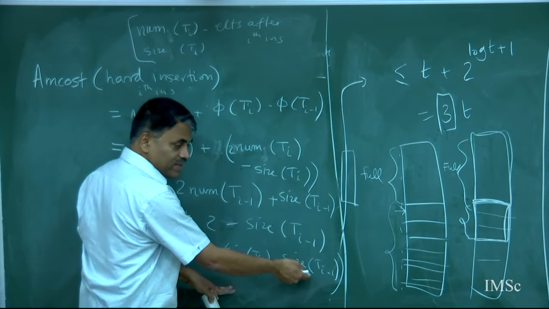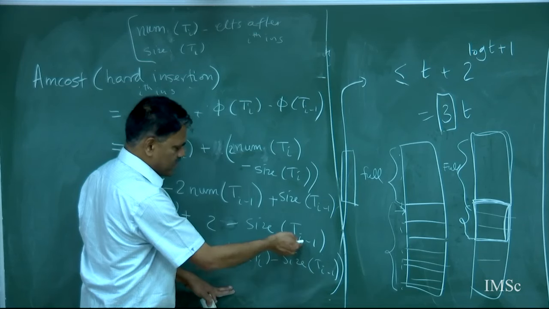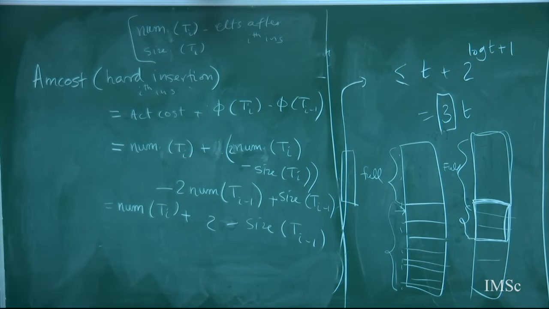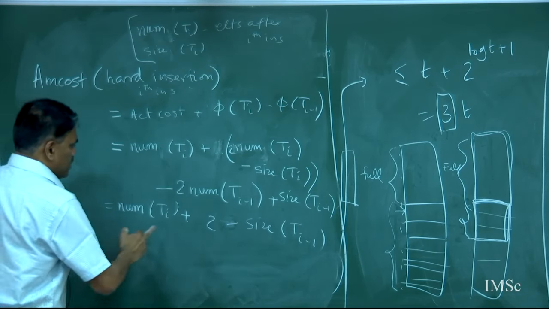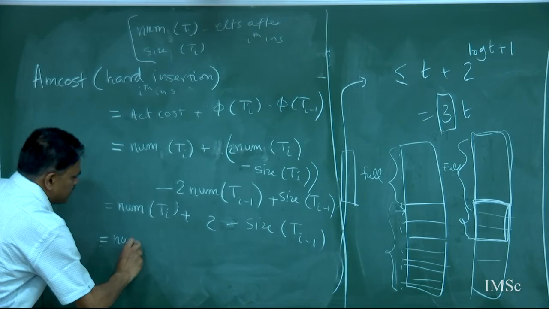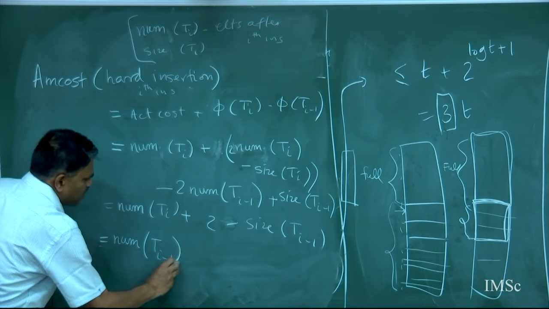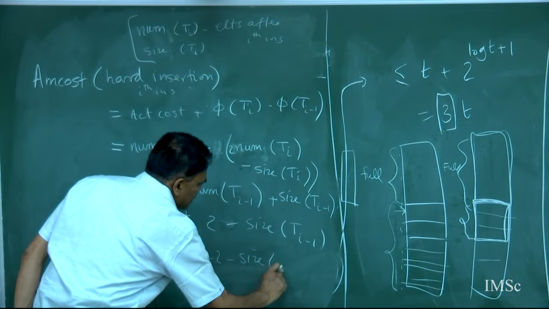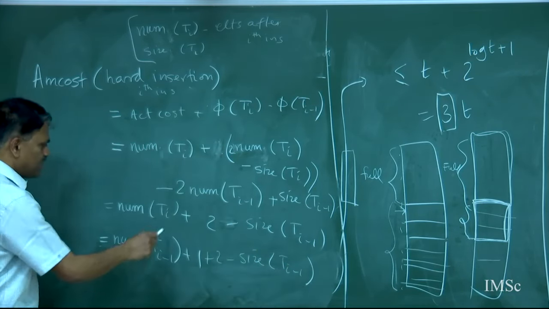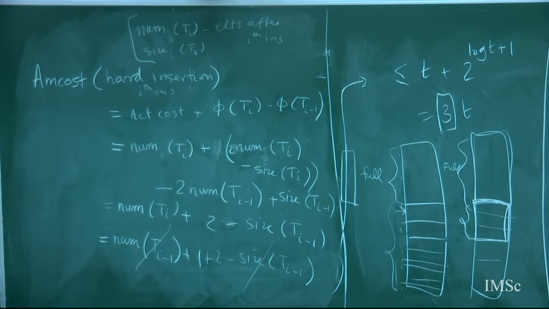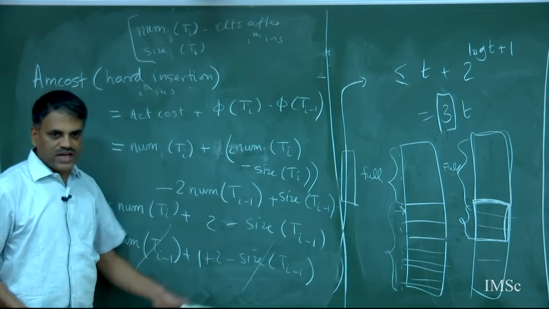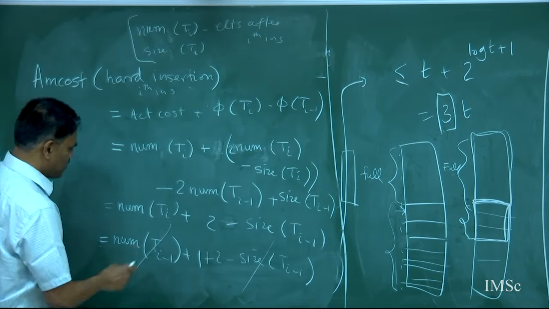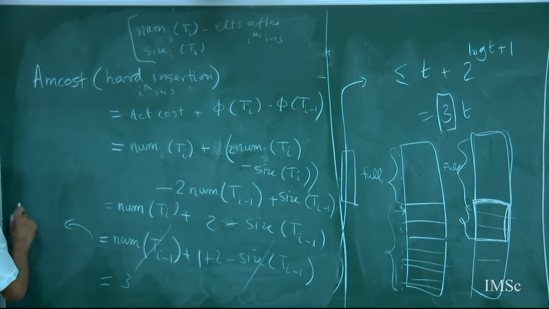Since size of Ti is double size of Ti minus 1, when I subtract, it's exactly size of Ti minus 1, so I have a minus there. So the number of elements is basically the number of elements in Ti minus 1 plus 1, and then plus 2 minus size of Ti minus 1. And these cancel out. Why did you expand? Because the number of elements before was exactly equal to size. The table was full, so size and number were the same.